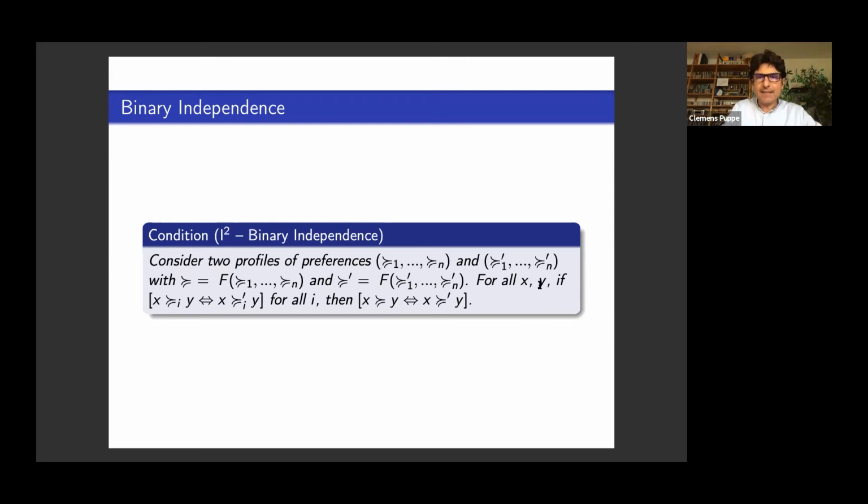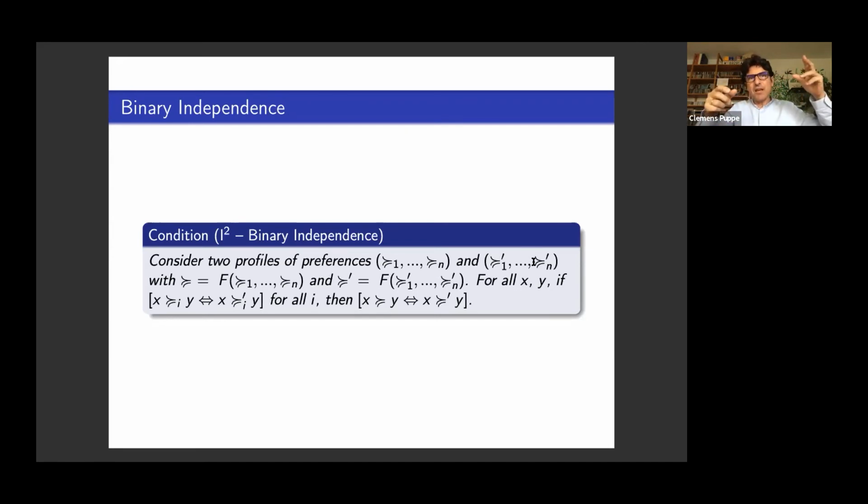If you find that the voters who prefer X to Y here are exactly the same voters that prefer X to Y here, and the voters who prefer Y to X also. So preference for X over Y does not change from this profile to this profile.